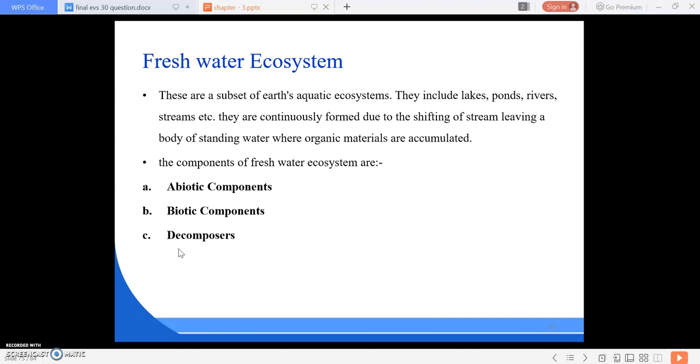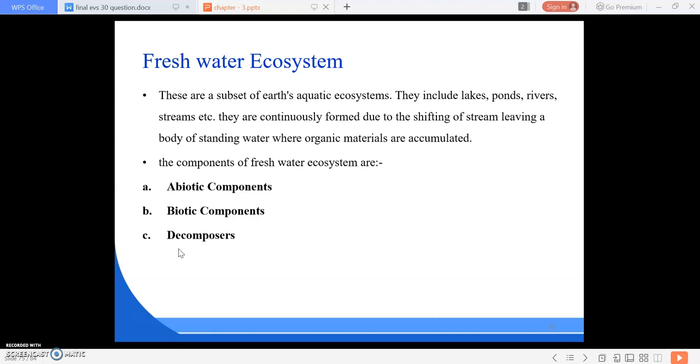Next, we are going to study the freshwater ecosystem. We are directly switching to the aquatic ecosystem, the freshwater ecosystem. They are a subset of Earth's aquatic ecosystems.